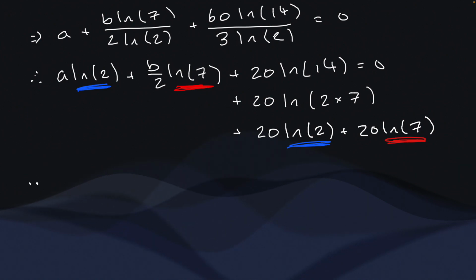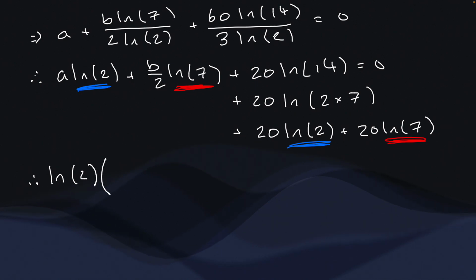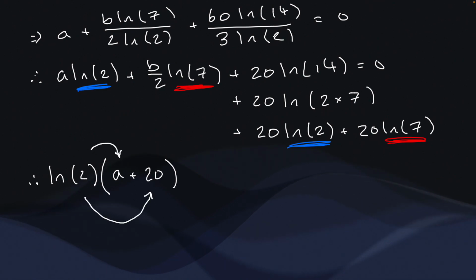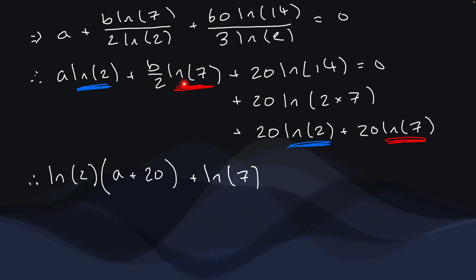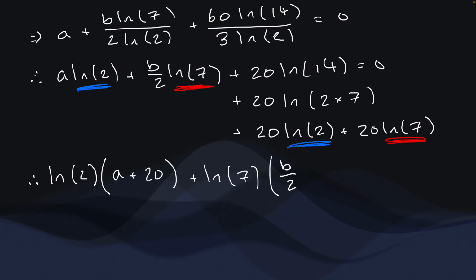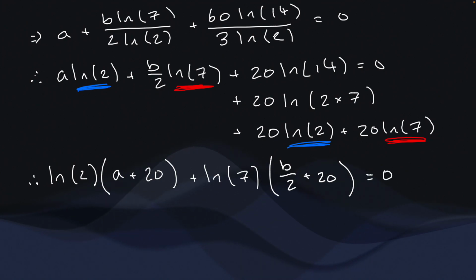So what we can do is take ln 2 times a plus 20, because ln 2 times a plus ln 2 times 20 is ln 2 times a plus 20, right? Then plus ln 7 times b over 2 plus 20. All that is equal to 0.